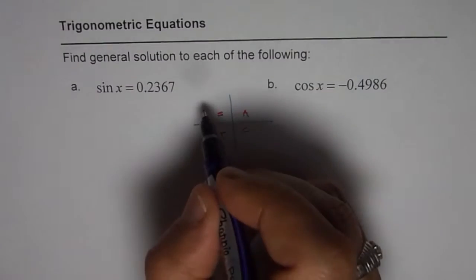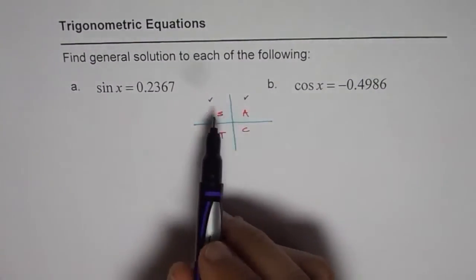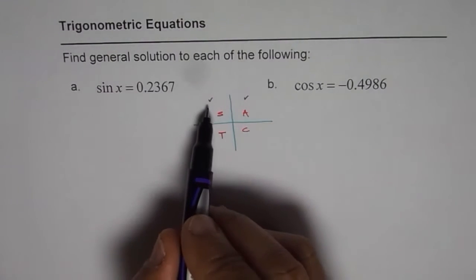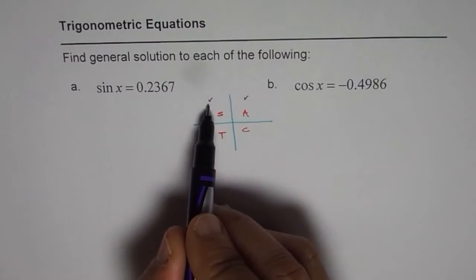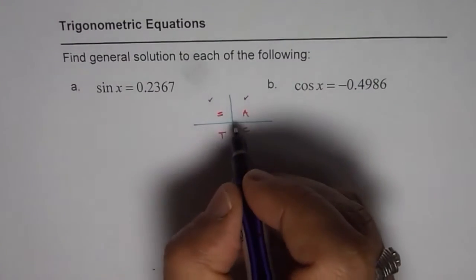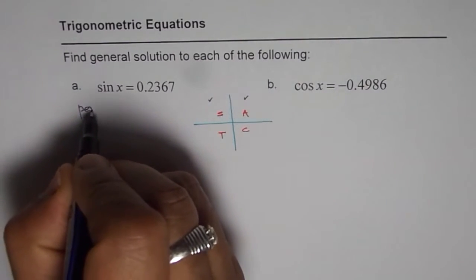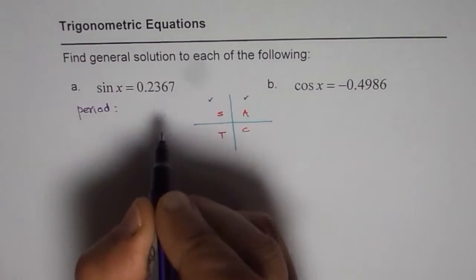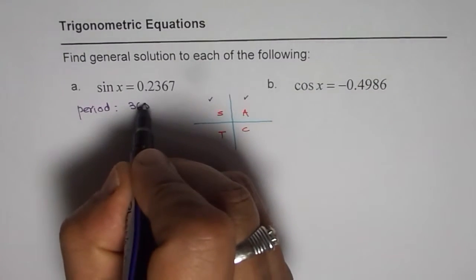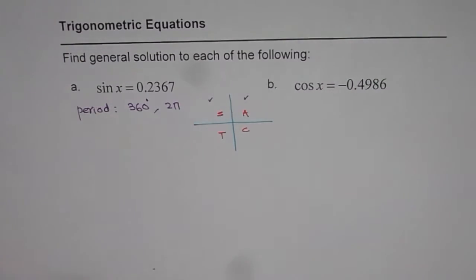That means in one full cycle we are looking for two solutions. One of them has to be in quadrant 1, the other one in quadrant 2. Then we know sin x is periodic, and the period for sin x is 360 degrees or 2 pi radians, depending on what units you use.